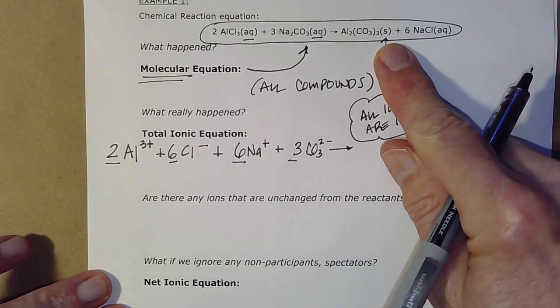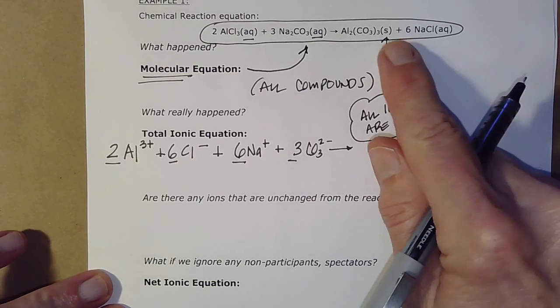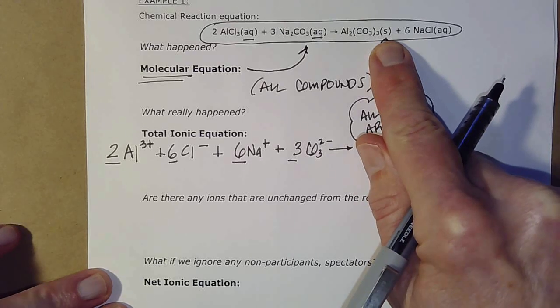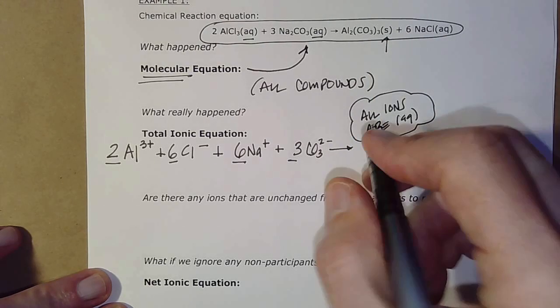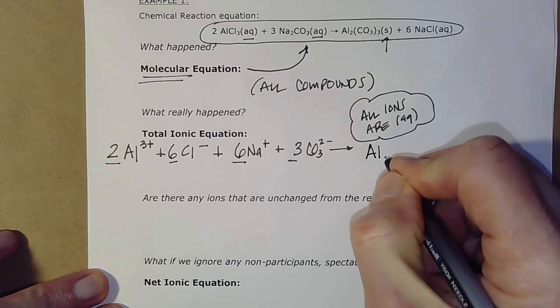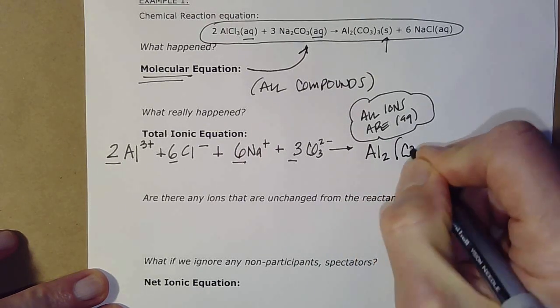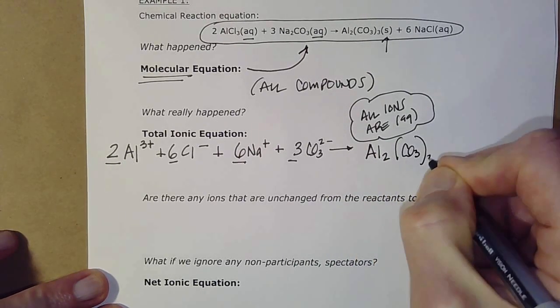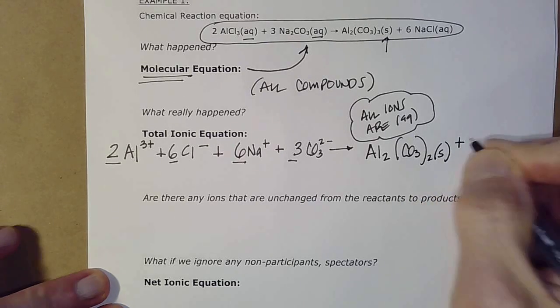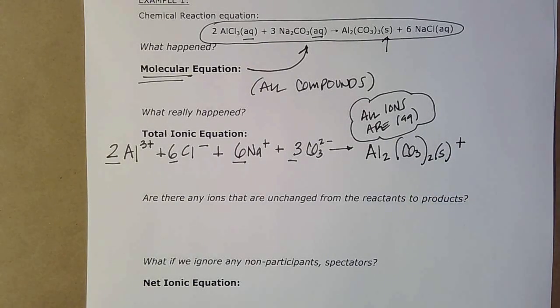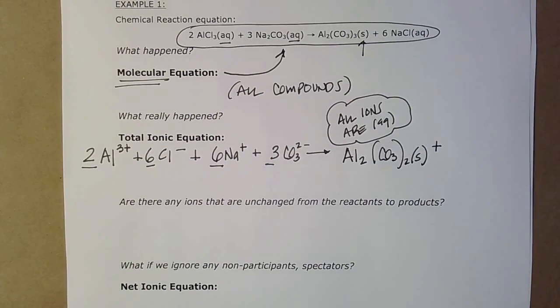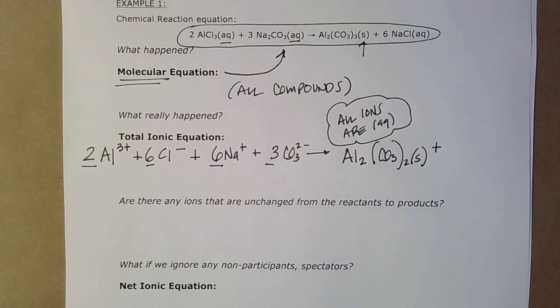Here I've got aluminum carbonate, but it's different. It's a solid, so I can't break it up. It's a chunk. It's a solid. See, Al2(CO3)3, solid. That's an actual chunk of solid white crystalline material sitting at the bottom of the beaker, the flask, whatever the reaction's happening in.